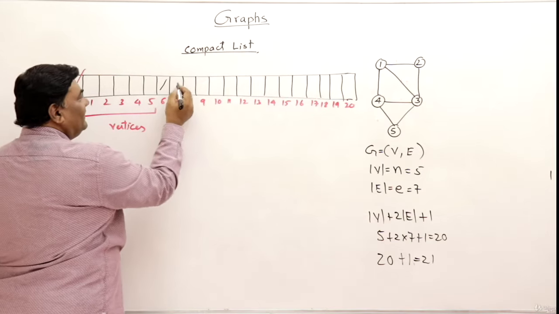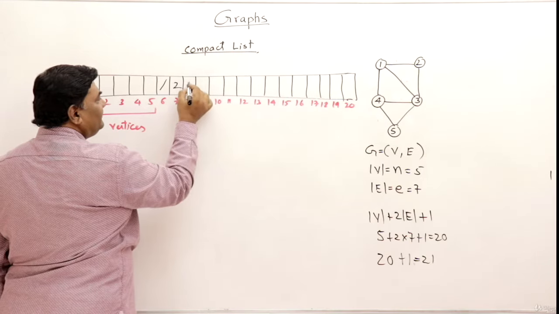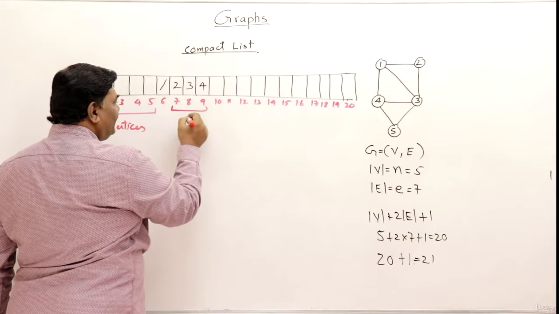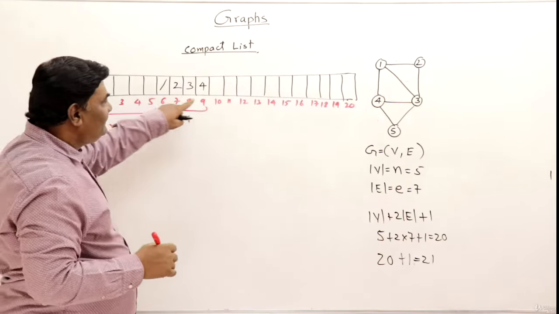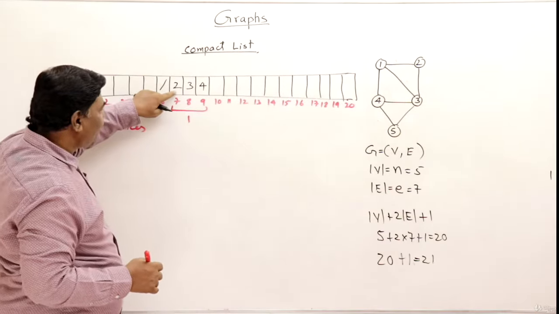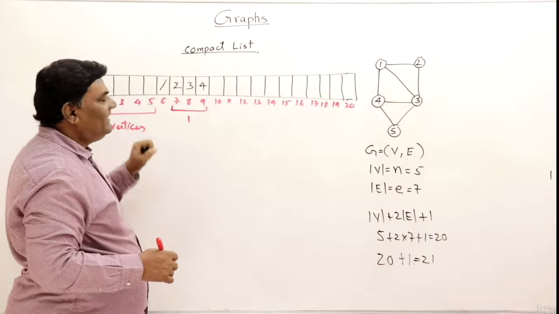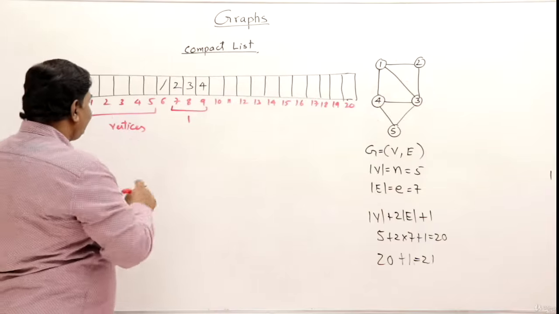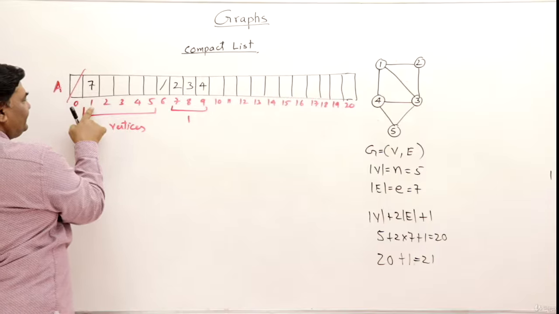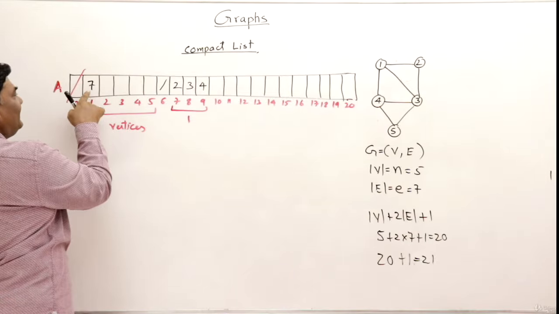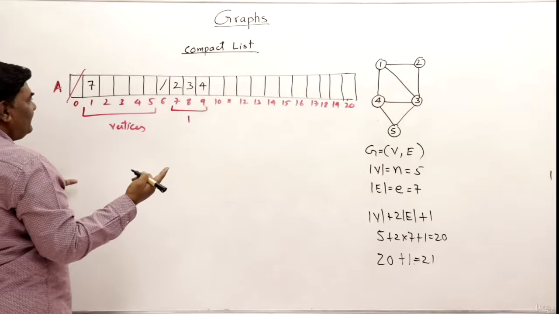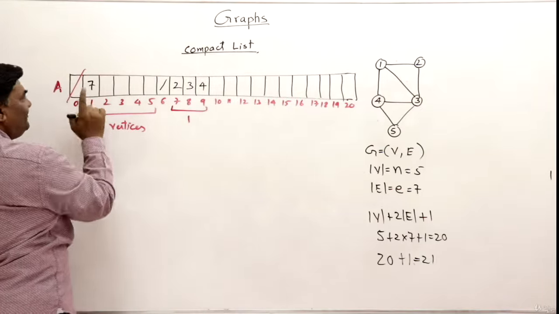So from here, 2, 3 and 4 are the adjacent vertices of vertex 1. They are starting from index 7 and ending at 9. So I will write down that 7 here. This means that the adjacent vertices of vertex 1 start from index 7, that are 2, 3, 4. Then where are they ending? They are ending at 9.